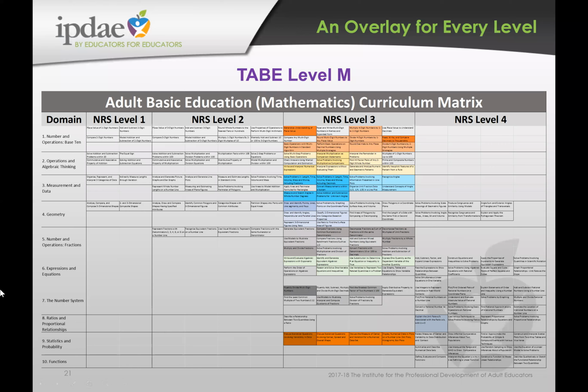And I know some of you are going to be really paying attention to this slide: you see a color down here at NRS level 4 in ratios, proportion, and relationships that's colored in together with the rest of the colored cells of the NRS level 3 domains. I think that this objective is already tested at the level M test, even though it's technically categorized as level 4 in the NRS system.